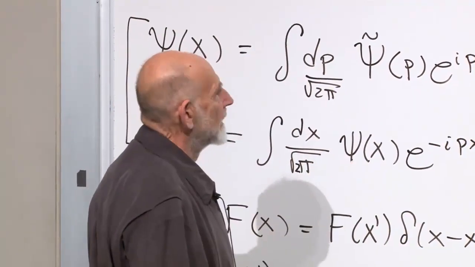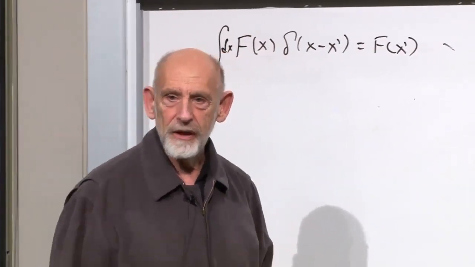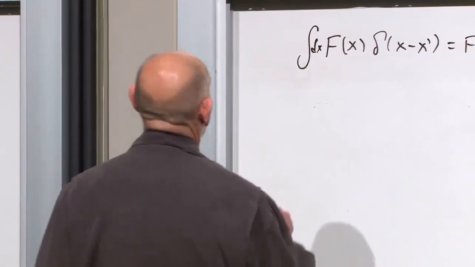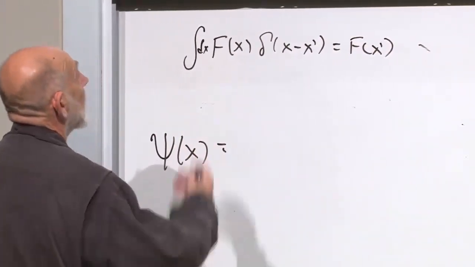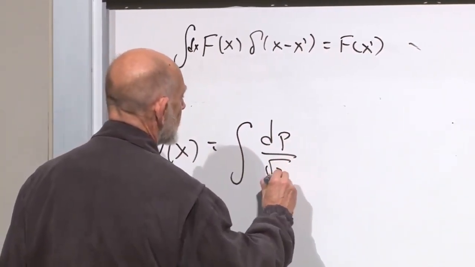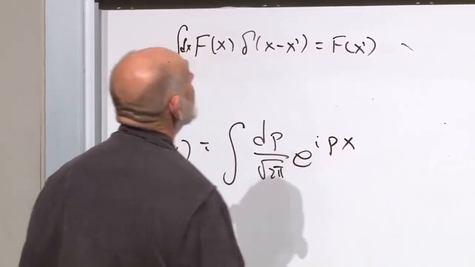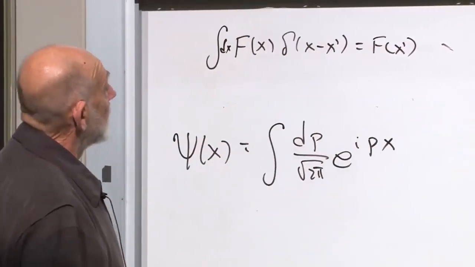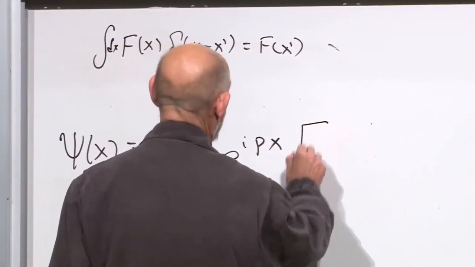Either we'll get something completely trivially stupid, or we will learn something, and the fact is we will learn something. So psi of x is equal to the integral dp over square root of 2 pi, e to the i p x, and now I'm going to shove in the second equation for psi twiddle of p, and let's put a bracket around it.